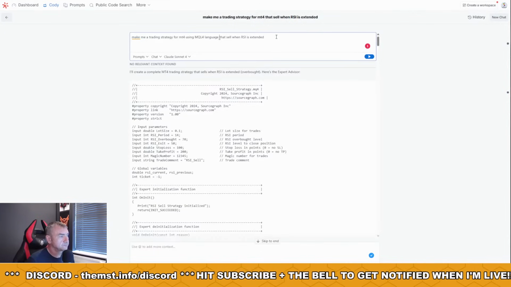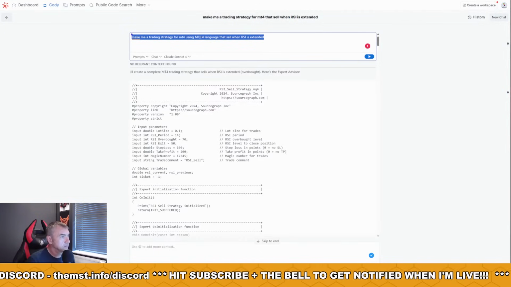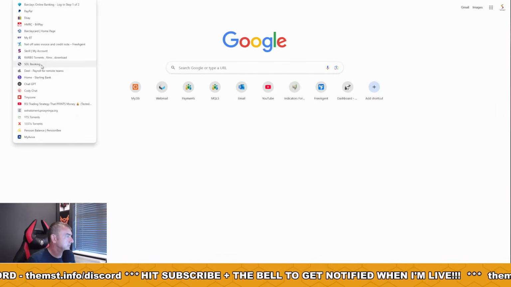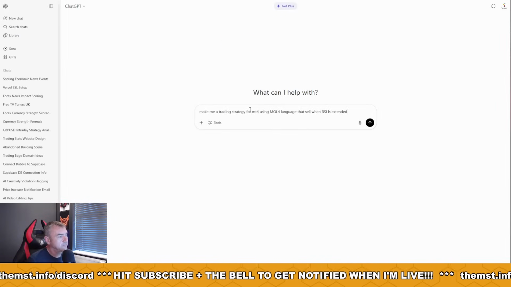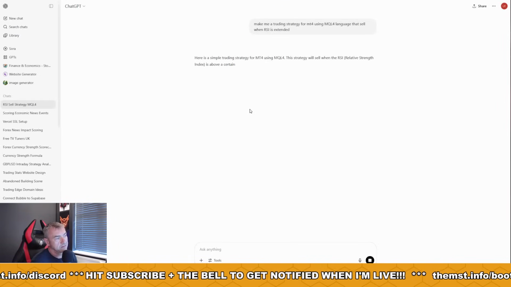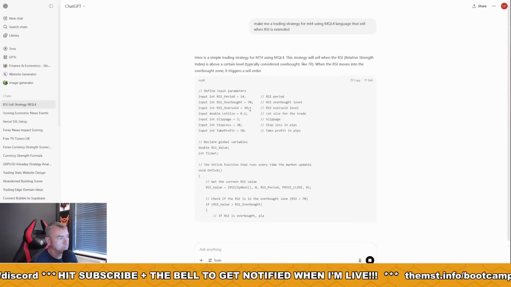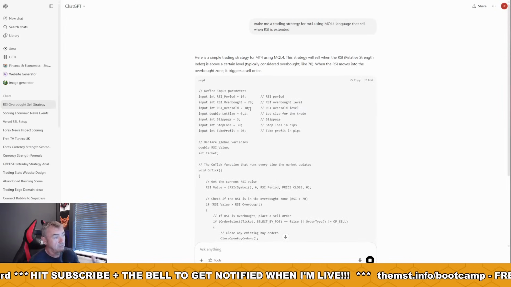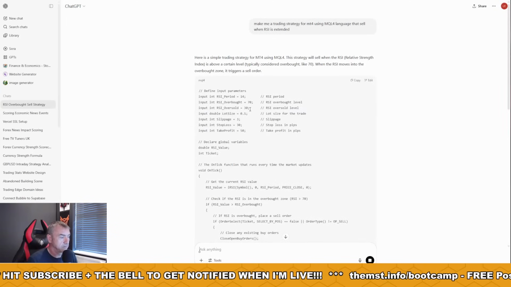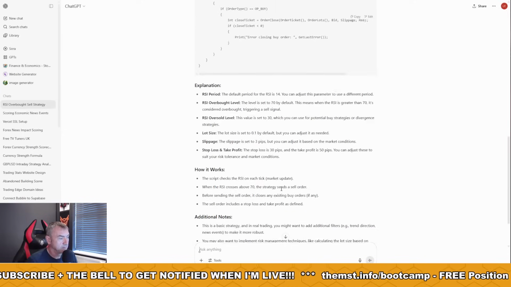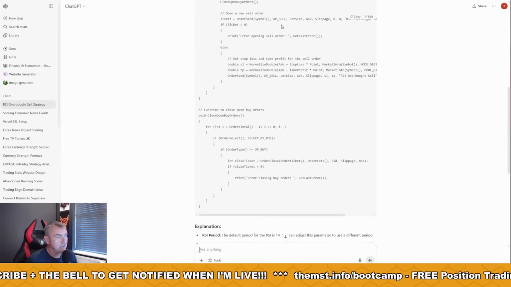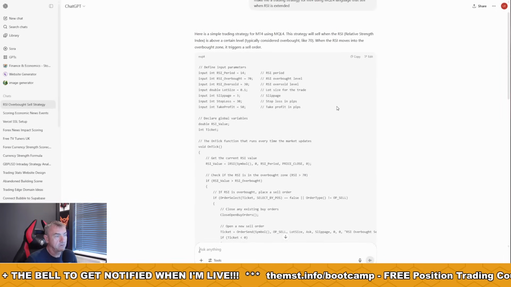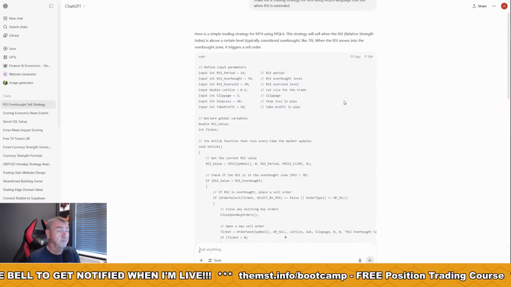Let's stick it in ChatGPT. I mean, I don't use ChatGPT, but I've just told this to use MQL4 now, so it might. Right, see how short that is. So look at the first iteration, and this is my point with Cody.